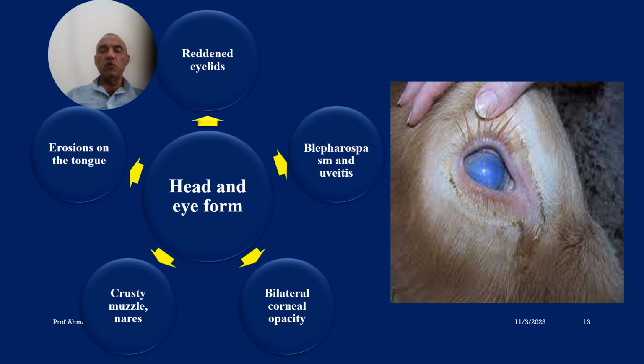Head and eye form. This is a clear picture of this form. This form begins with reddened eyelids, then blepharospasm and uveitis, then bilateral corneal opacity as in this picture, with presence of crusty muzzle, erosions on the tongue.